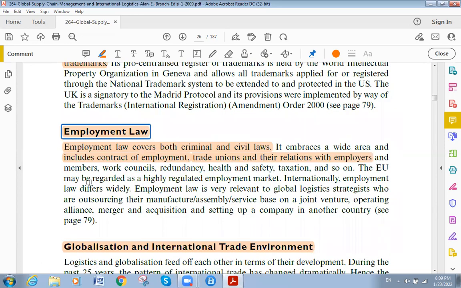Also, anyone who works globally must be very aware of the important points that should be done in global logistic systems. He must be fully aware of employment law, in both its criminal and civil aspects.